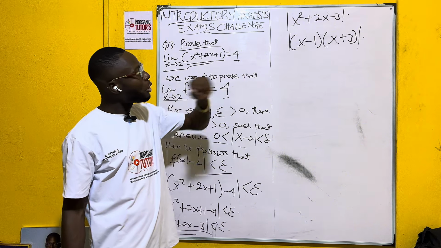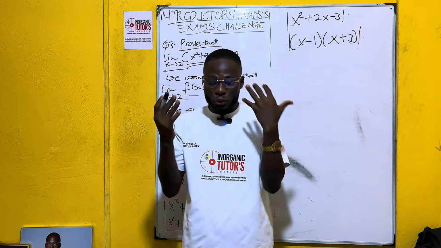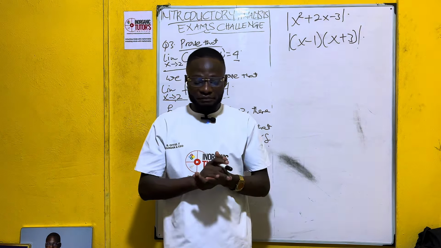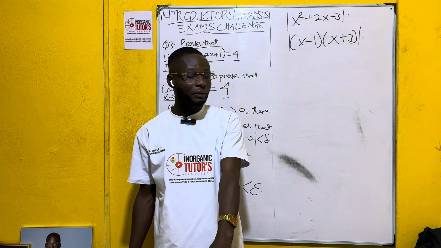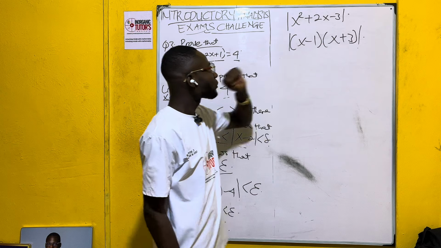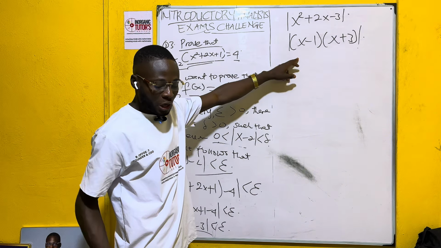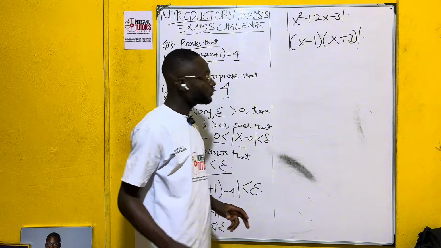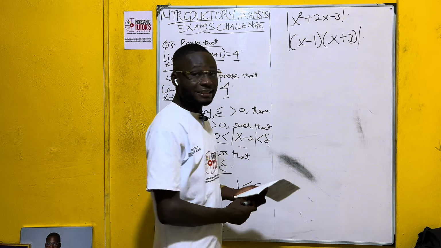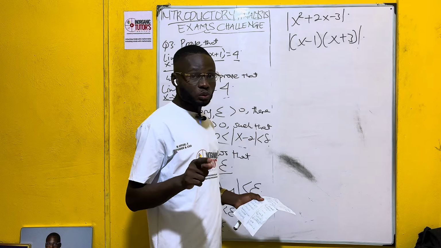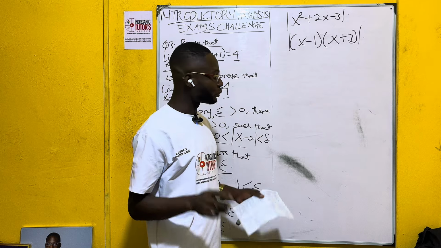So we have to control this expression so that we can depend on x minus 2. So we need to bound this. And how do we bound this? We have to find a term that is near x equals 2, right?